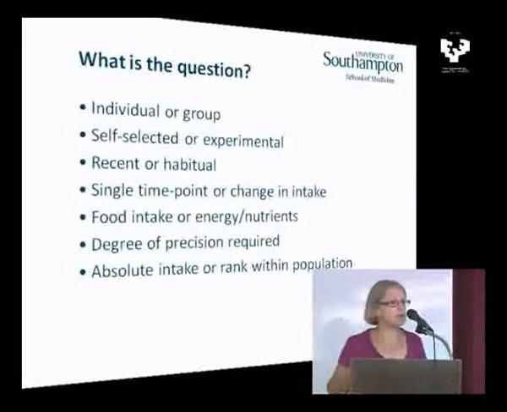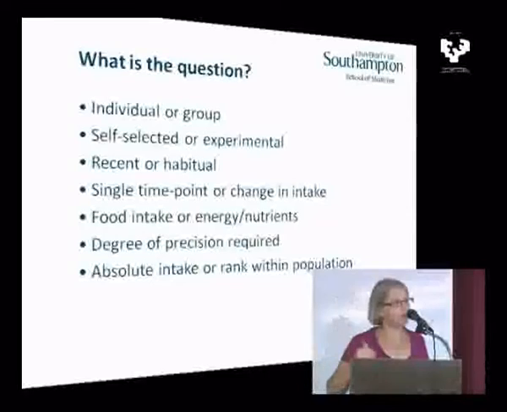Are you interested in an individual, or are you interested in a group? If you're interested in a group, you have to use a simpler, more feasible method, food frequency, for example, because it's practical. With an individual, you can use a more detailed method that requires more investment in time and people. Is it a self-selected sample?